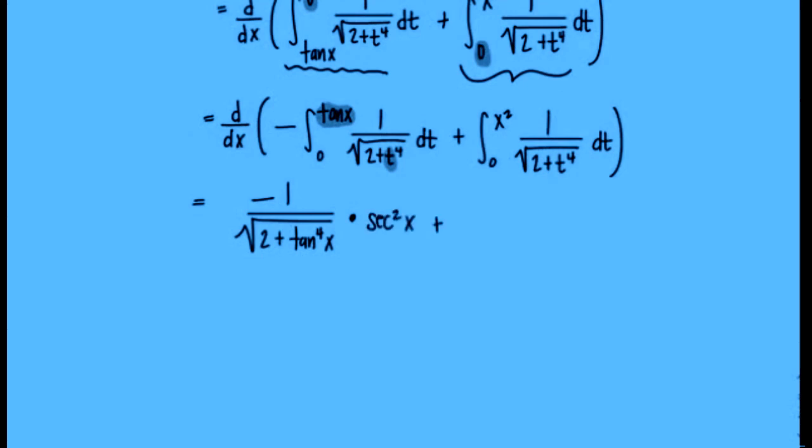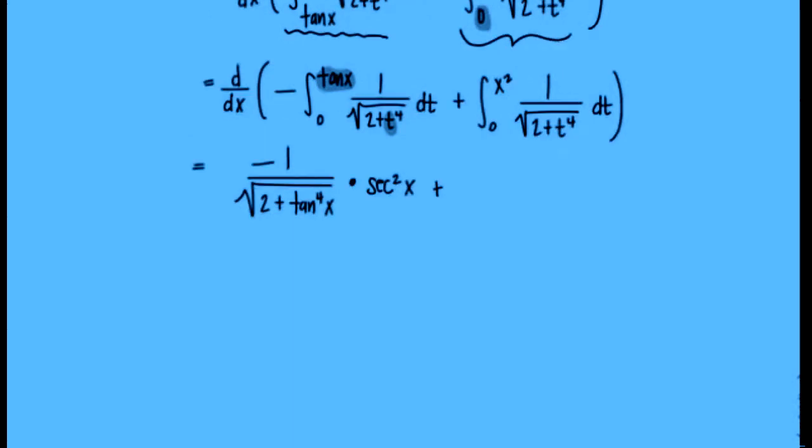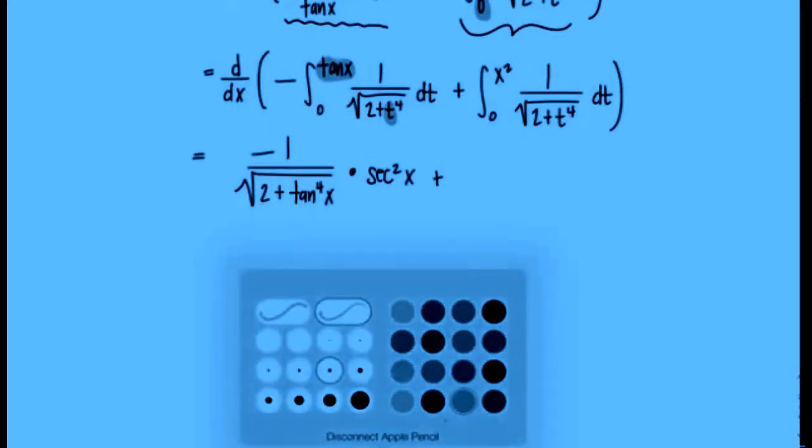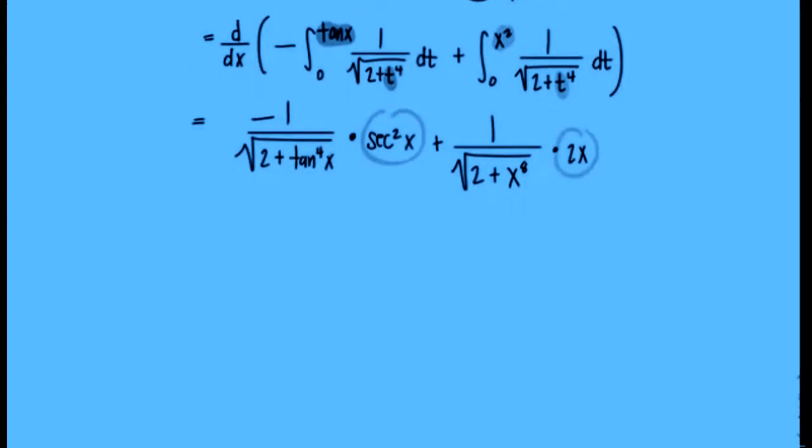So our first one is done, plus now I am going to substitute in x squared for t. So I'm going to have 1 over the square root of 2 plus x squared to the fourth, which is x to the 8th, and then the chain rule. What do I need to multiply by? Right, 2x, good. And then to clean things up, just put each of these little guys in the numerator.